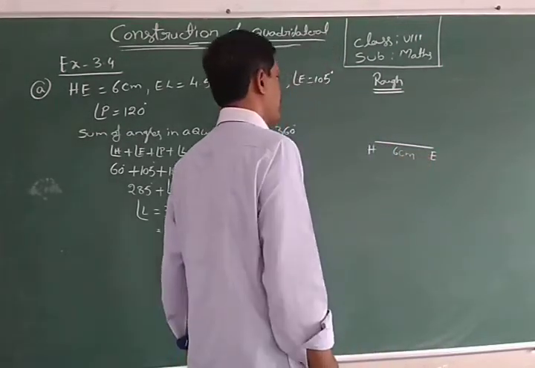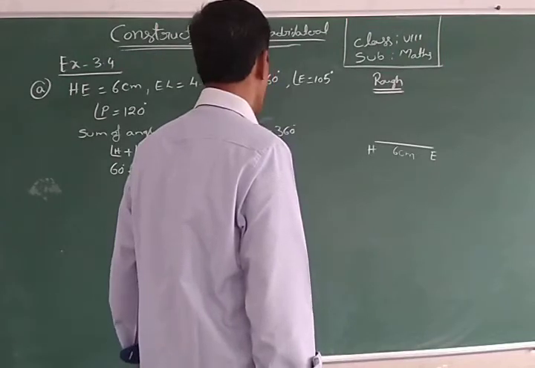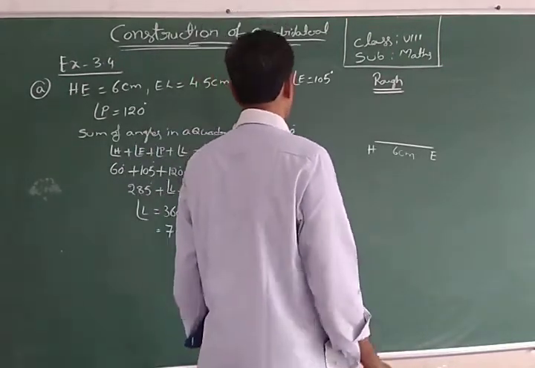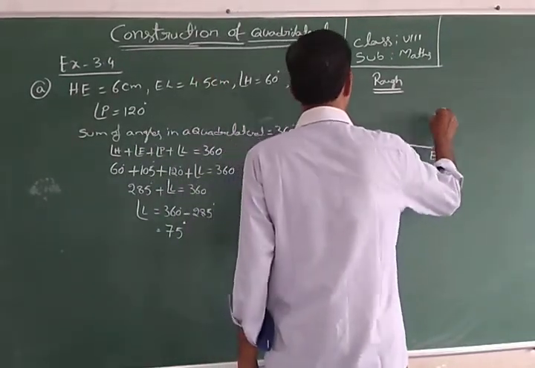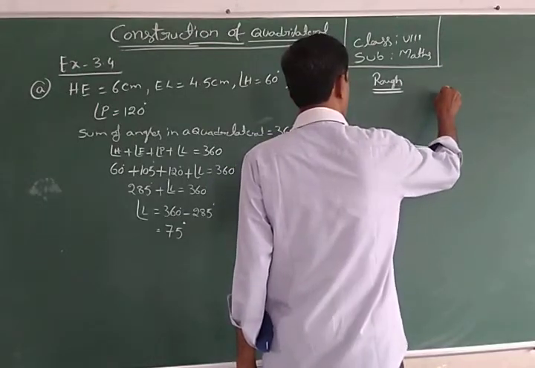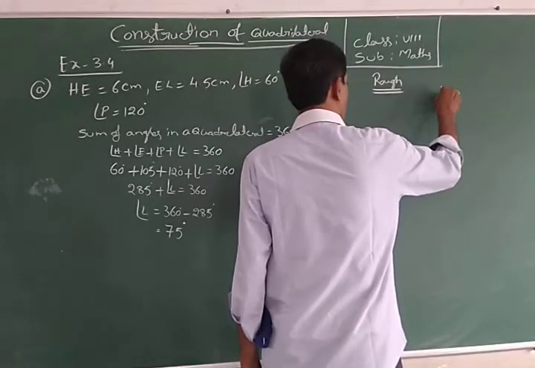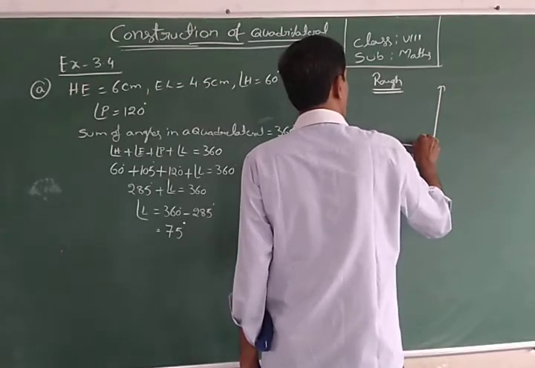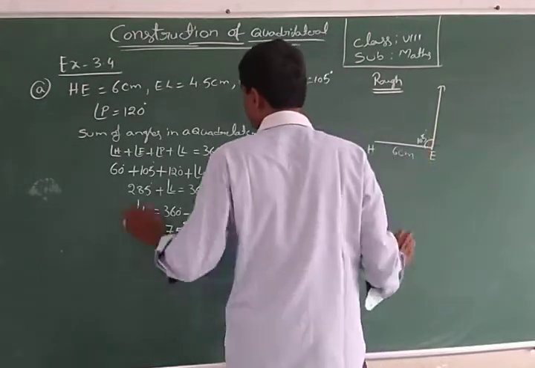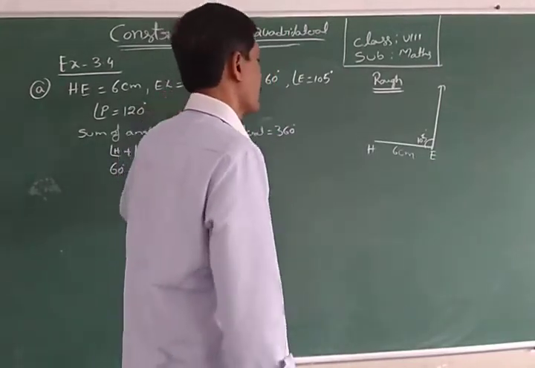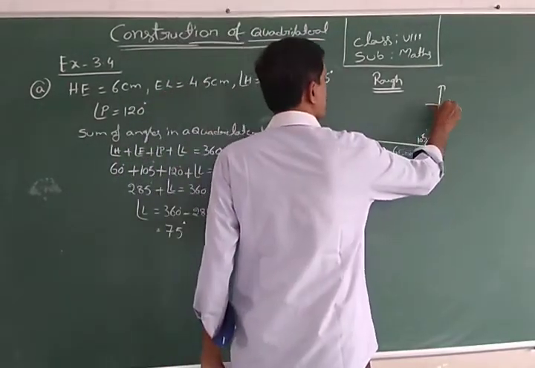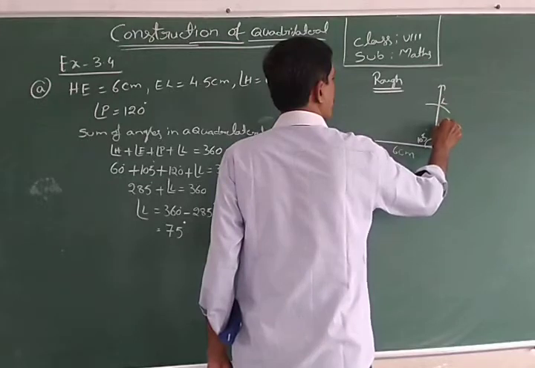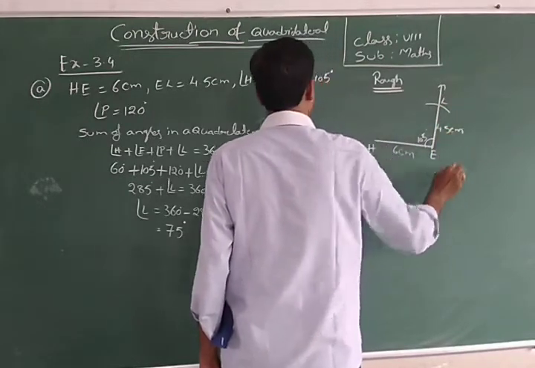Next, take E as the center, measure the angle 105 degrees. Next, take E as the center, draw the arc with 4.5 centimeters.